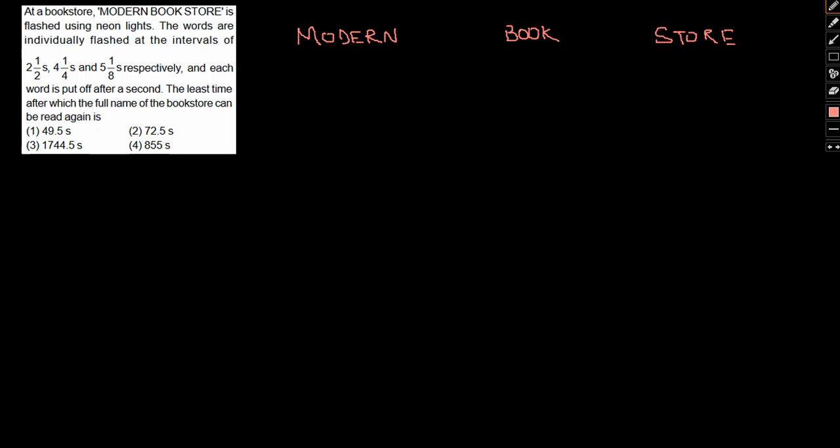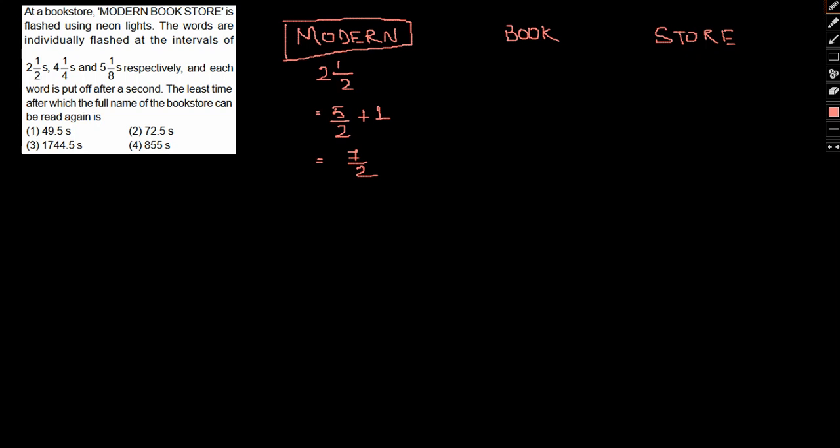Suppose this word is lit for 2.5 seconds, or 5/2 seconds, and it is lit off after 1 second. That would give us 7/2 seconds for Modern. So Modern is done.